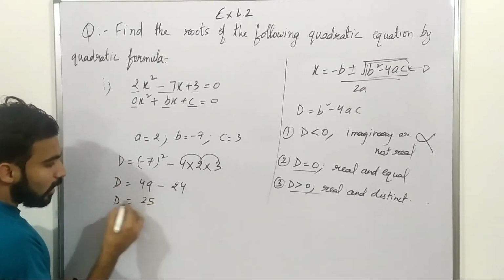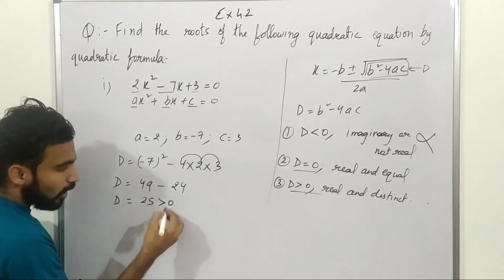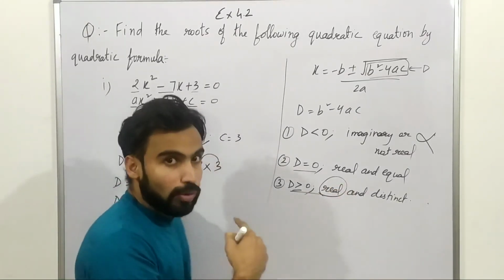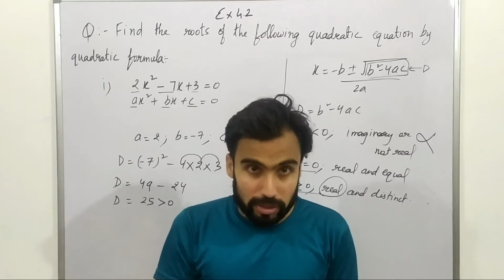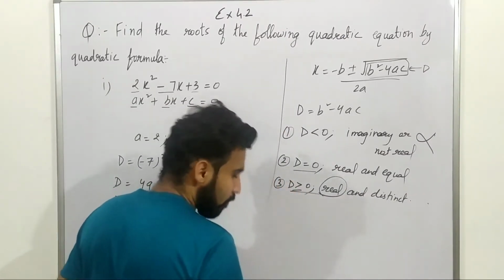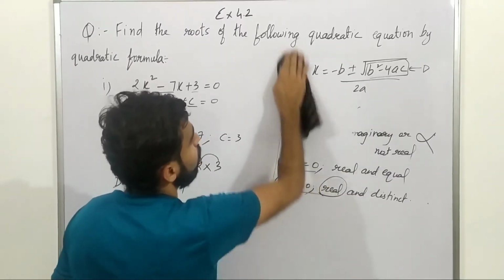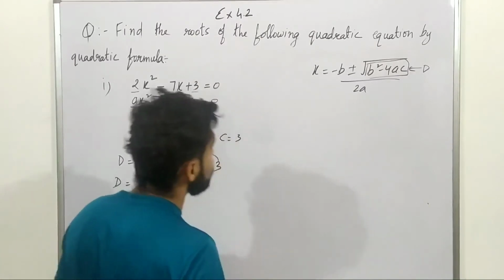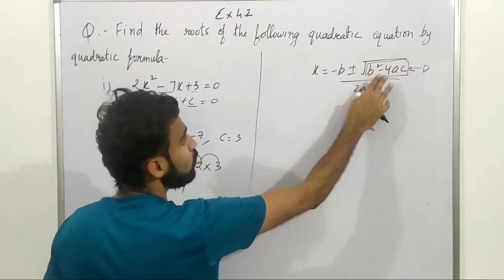So you can see here clearly that the value of D is greater than 0. That means roots are real. So we will find out the roots of this equation further. And for that, first let me rub the space here. So you can see the formula for finding out the roots is this.